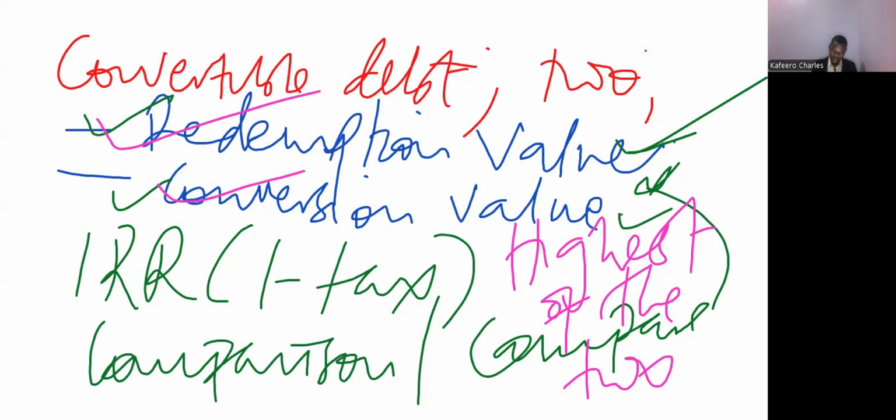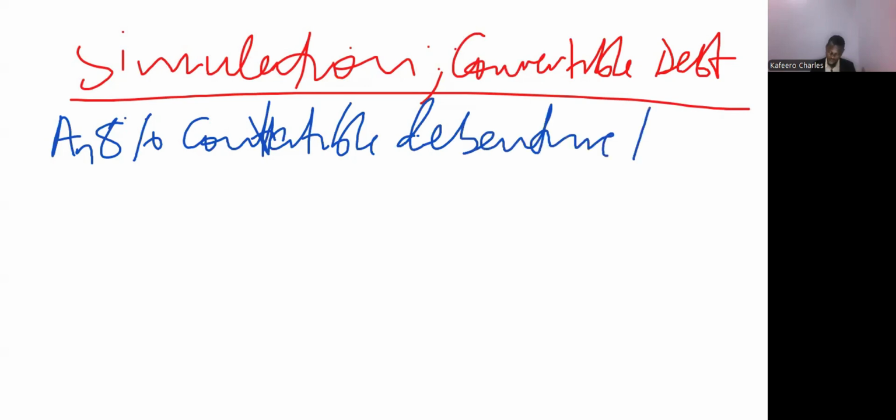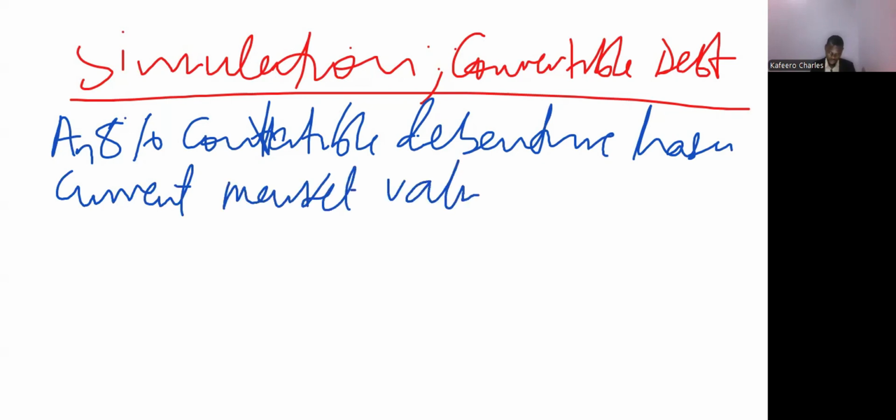So let's now look at the simulation. We get some small simulation so that we can put something in context. Of course, this is a convertible debt. An 8% convertible debenture has a current market value of UJEX 106 per 100.